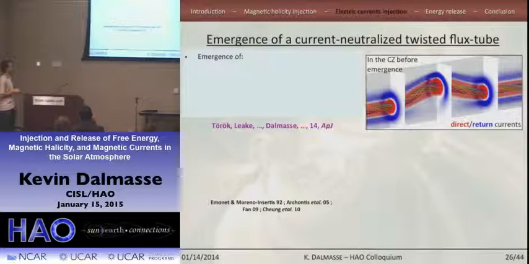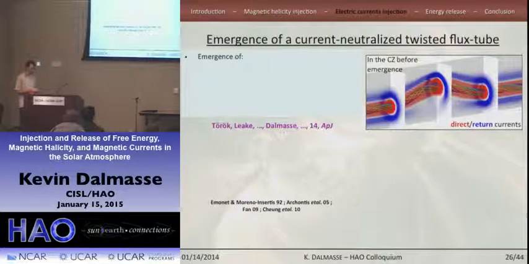This simulation is a work to which I contributed, but which was essentially carried out by Tibor Török from PSI. So we start with a current-neutralized twisted flux tube placed inside of the convection zone. Here you can see in red the direct currents and in blue the return currents.